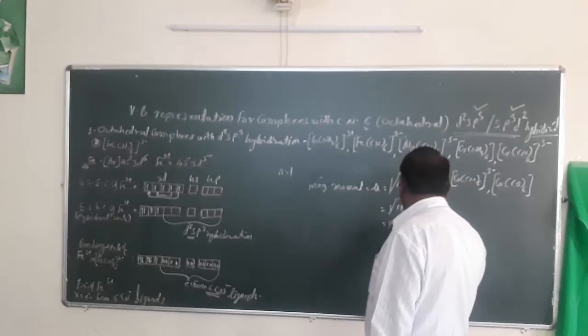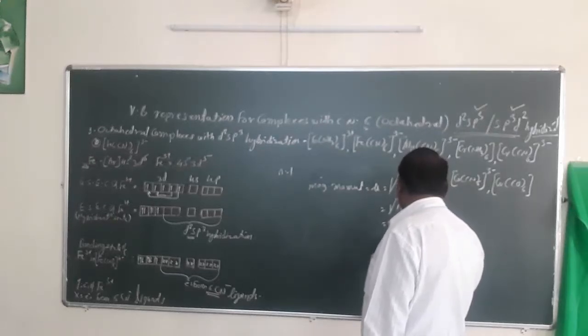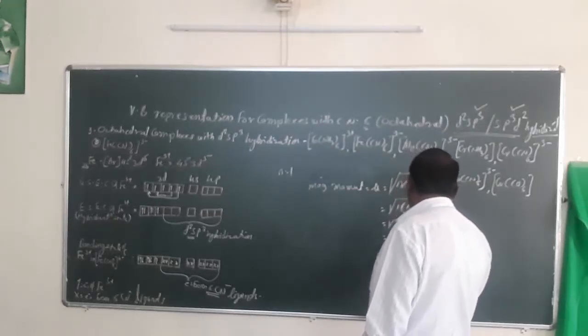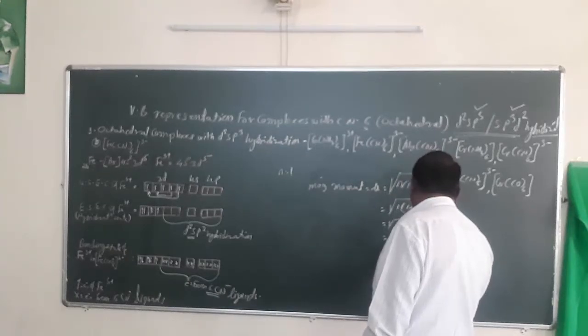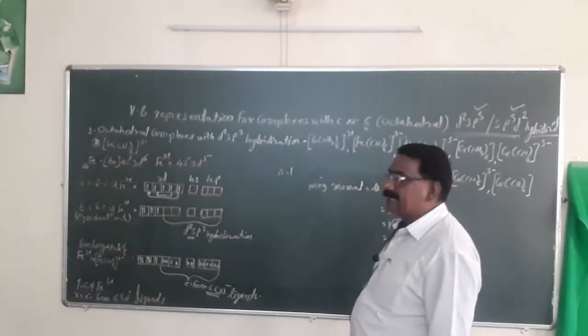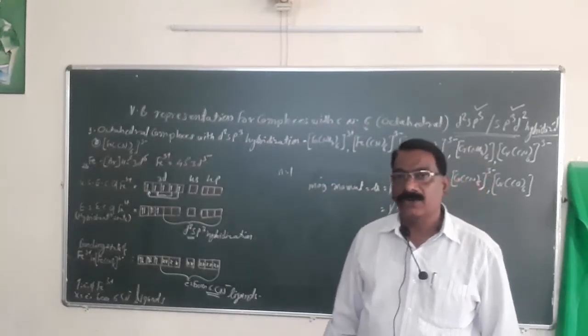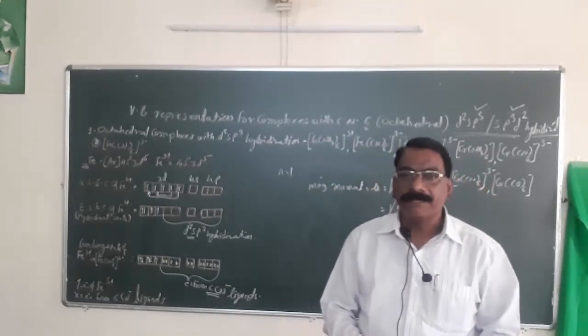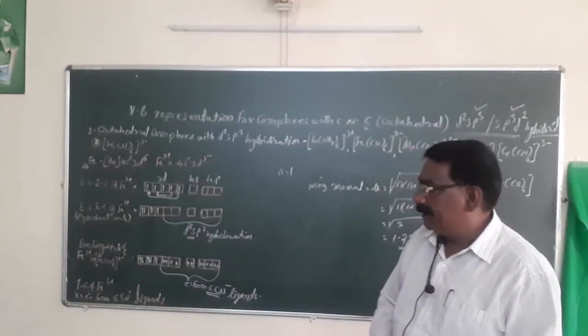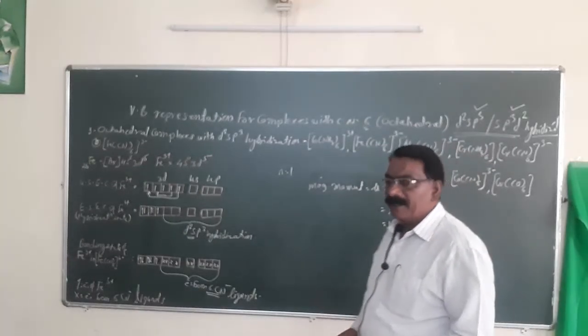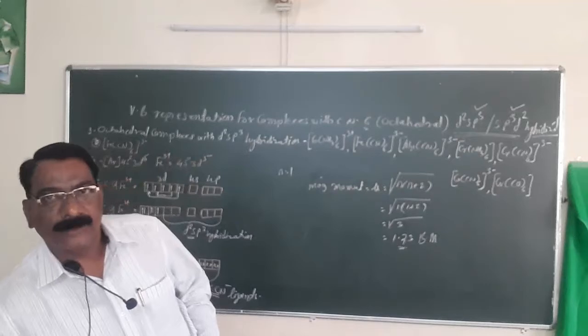So it is under root 3, and it is equal to 1.73. The unit for this is the Bohr magneton. So this complex shows the magnetic moment 1.73 Bohr magneton, and this complex is paramagnetic. Now we are going to see its structure or geometry.